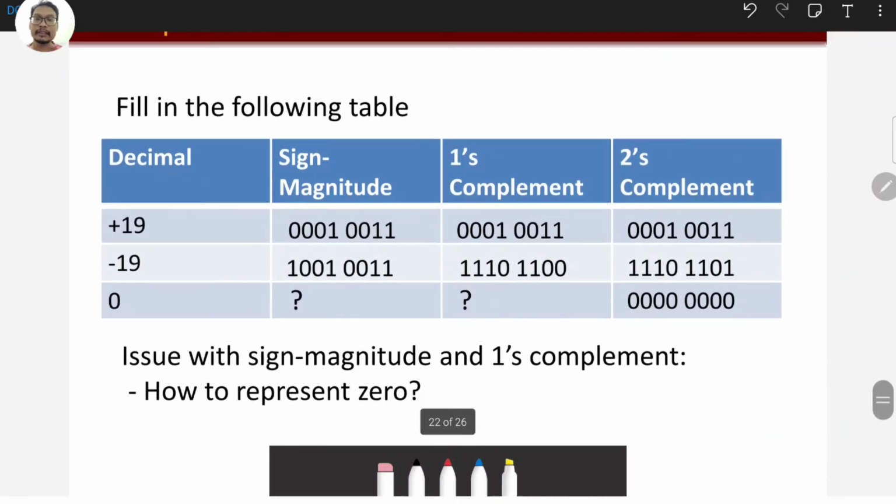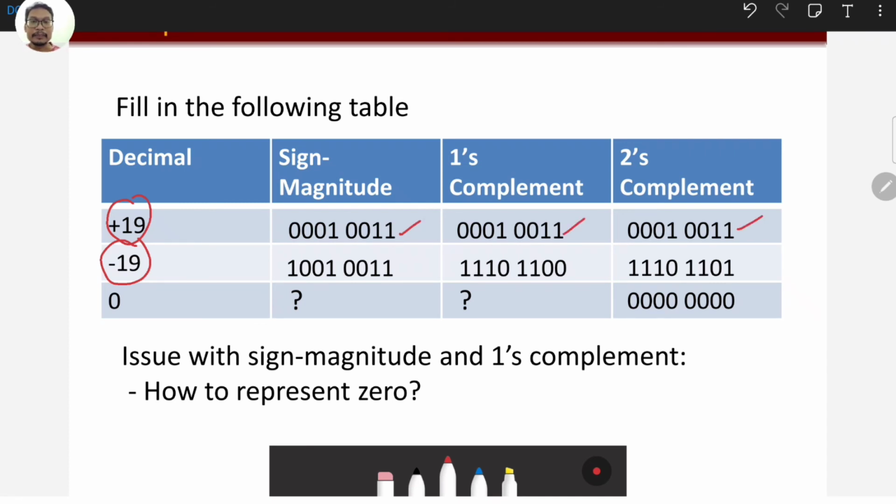Okay, so let's have a look at some examples here. We can actually derive this and verify how you represent plus 19 and negative 19 in sign magnitude, 1's complement, and 2's complement. In some cases it's the same. For the positive number, they are all exactly the same.